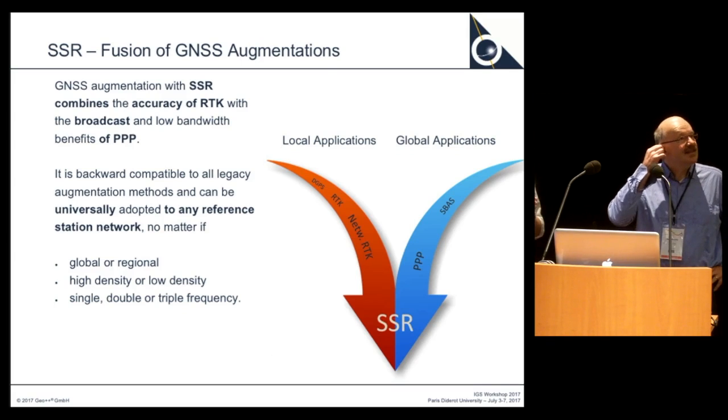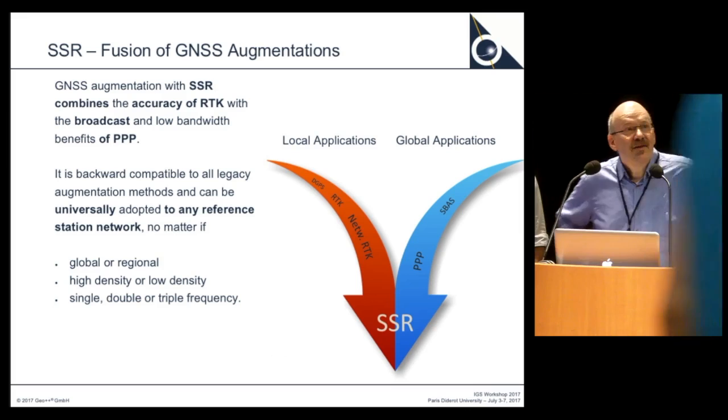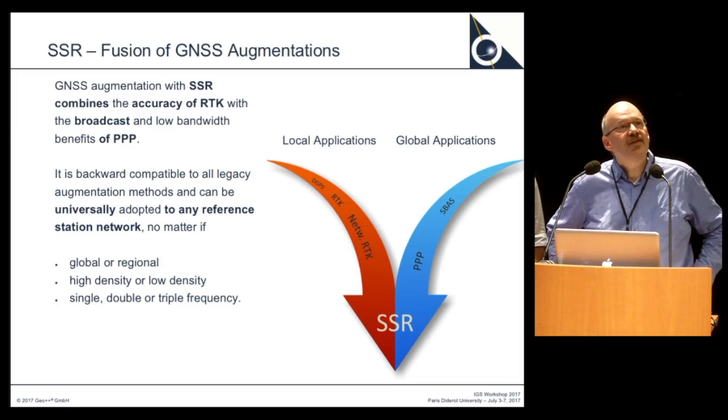For instance, you know the QZSS system, and the QZSS system is transmitting SSR information over the L6 channel, and this is properly working. Again, the QZSS system, for instance, uses the L6 signal to transmit SSR corrections for complete Japan, and this is working perfectly, yes.